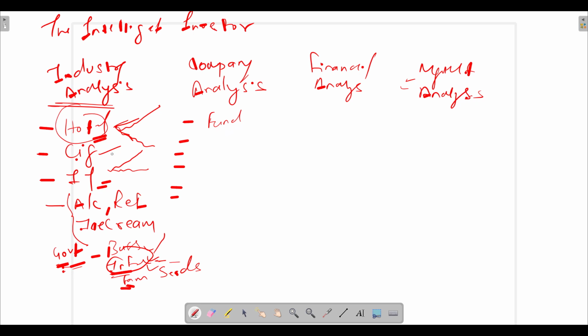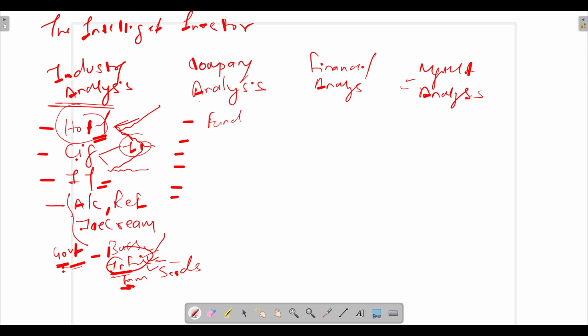In the cigarette industry, one is ITC and one is Godfrey Phillips, but ITC has a good brand in cigarettes. And if we discuss infrastructure, then Prestige, Raymond, DLF, I believe DLF also. These companies have a good hold or market share in their specific industries.